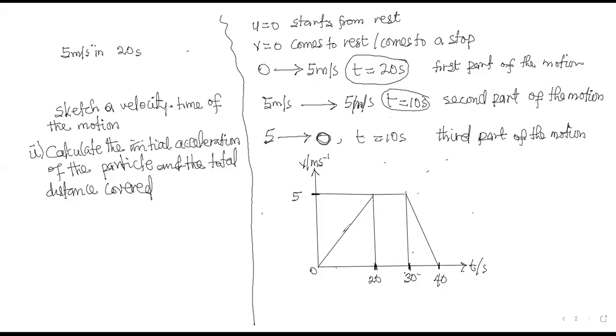So since this is the first part of the motion, the initial acceleration must be the slope of this part. Say this is O, A, B, C. So slope OA, determine the slope.